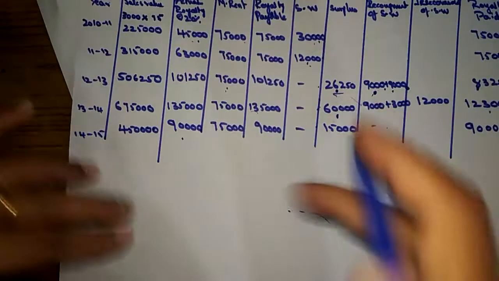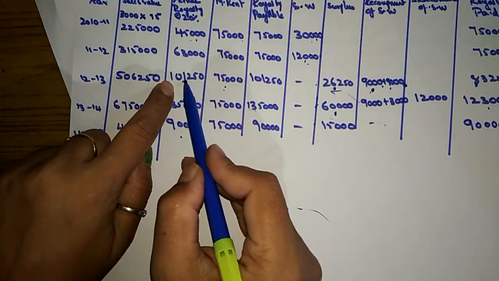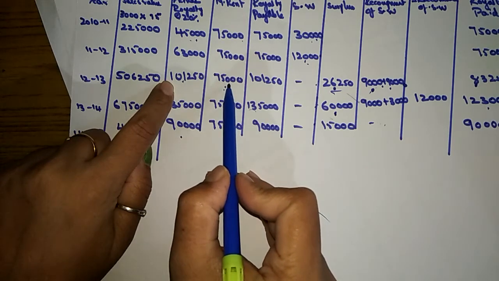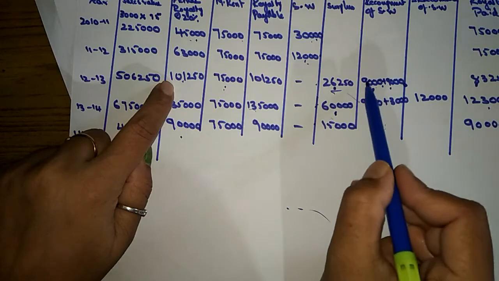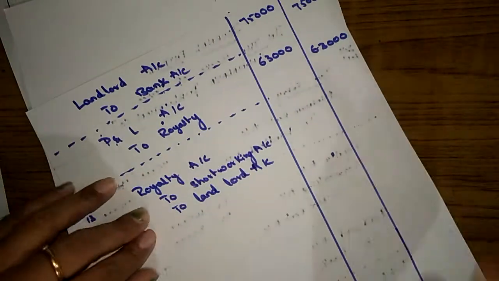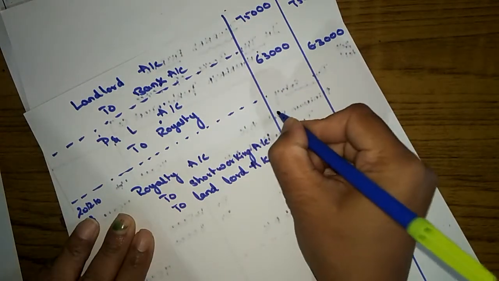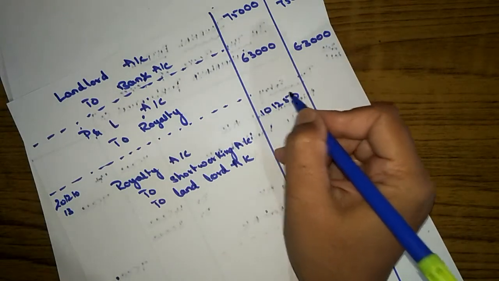See, in the third year 12-13, the actual royalty is more than minimum rent. So in this year we are going to adjust the previous year short working. So that's the reason here the royalty is 1,01,250. But how much are we going to adjust for that year?